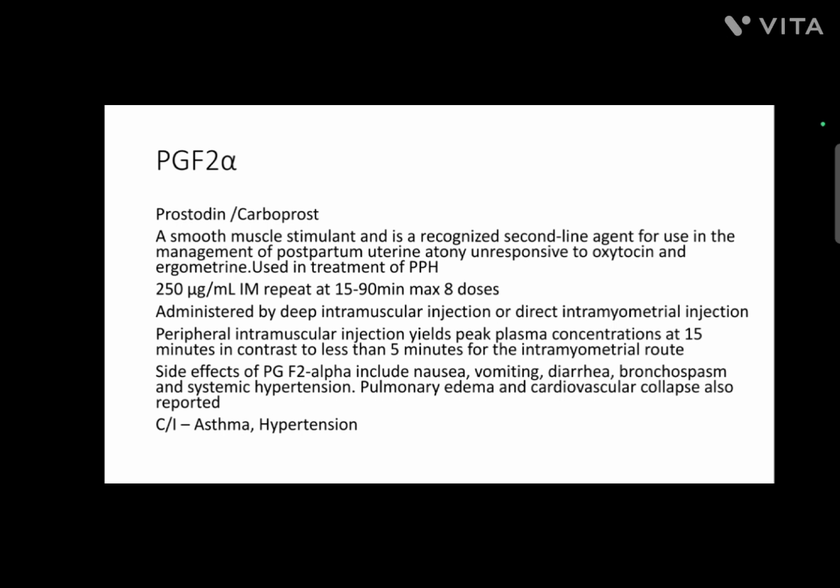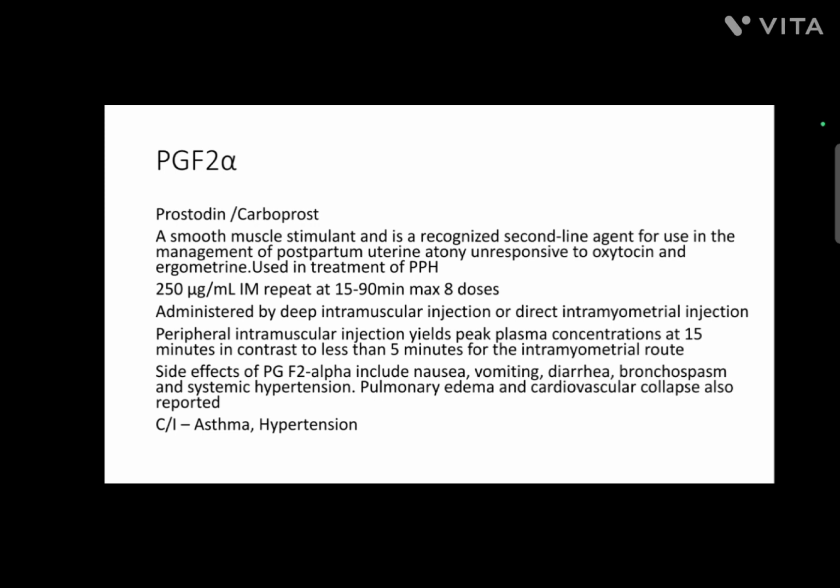Up to 250 microgram per ml can be used by IM route, every 15 to 90 minutes, maximum of 8 doses. The only route we can use carboprost by is IM. No IV route. You should never answer IV route. That's a blunder.